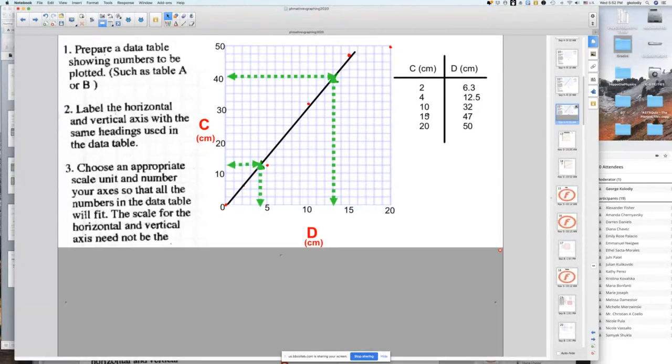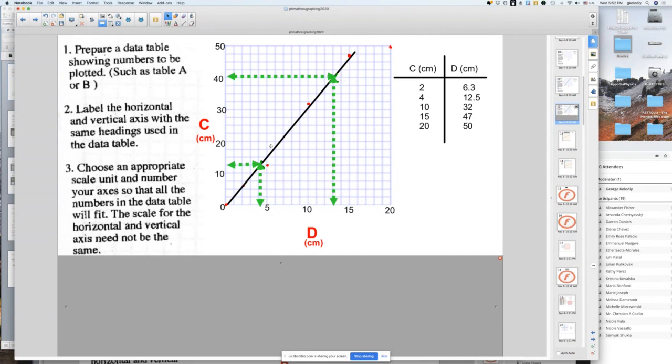So we pick any 2 points. Here I am picking the points. I picked this point and that point. I chose the corner of the box. And I'm going to find delta y, delta x for these points.